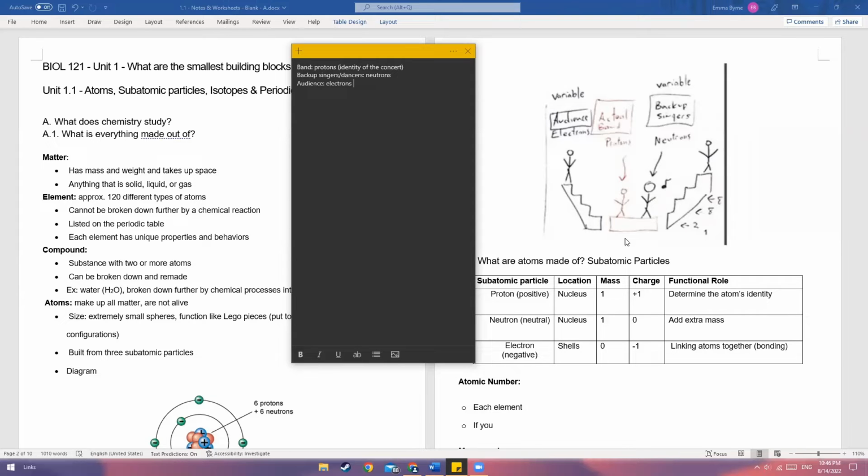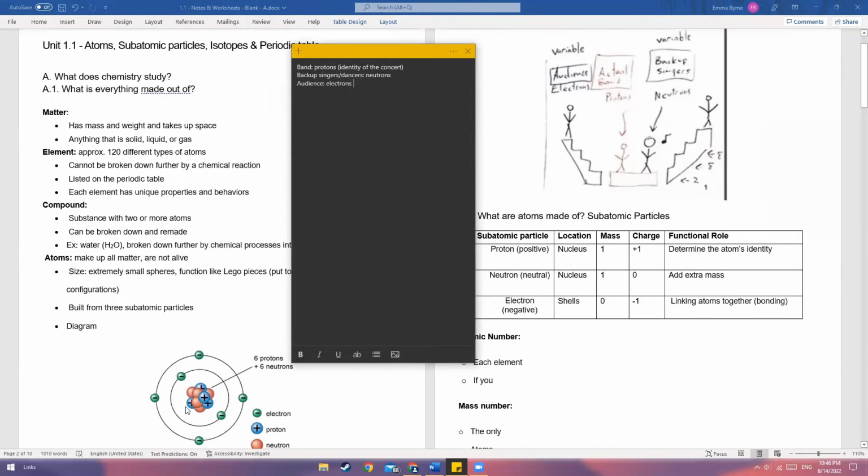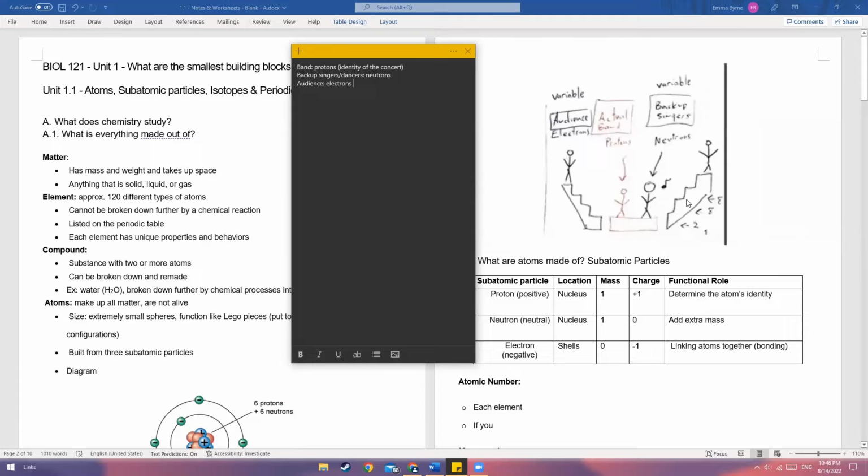Now the audience, they are the electrons. Because they have a negative charge, those electrons never touch the singer at the center. The negative charge is never touching the positive charge. And similar to valence shells, these stands, or these outer shells here, can hold a certain amount of people or a certain amount of electrons.